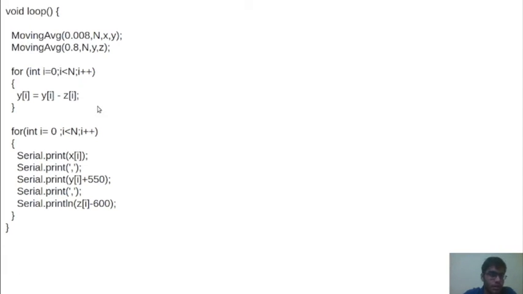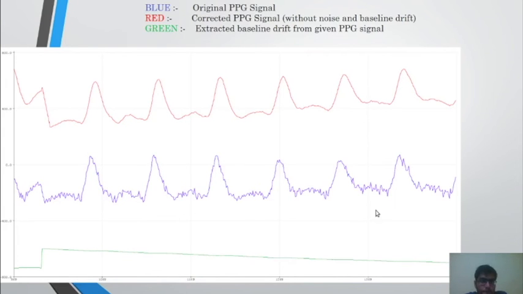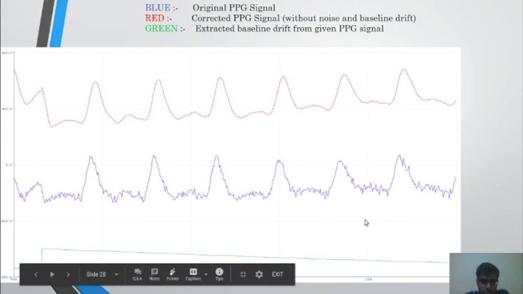And now we subtract these two, y minus zi. This is the first order difference equation, and we are printing the yi, the xi, and the zi. So this one is the original PPG signal, and this one is the corrected PPG signal without noise and baseline drift, because we are subtracting this from this.